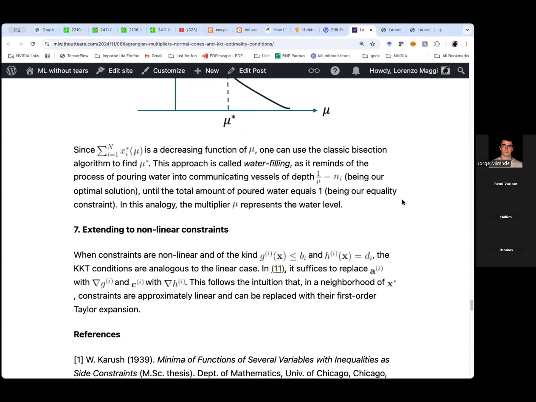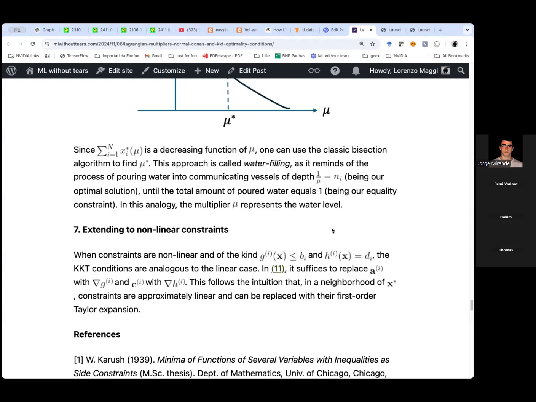So just to conclude, it is not easy mathematically, but I think it's easy intuitively to extend all what we've said to nonlinear constraints. When we have nonlinear constraints, not a scalar x, but any function of x smaller or equal than bi, and the same thing for the equality, the intuition says that in the infinitesimally small world, this behaves as a linear function.